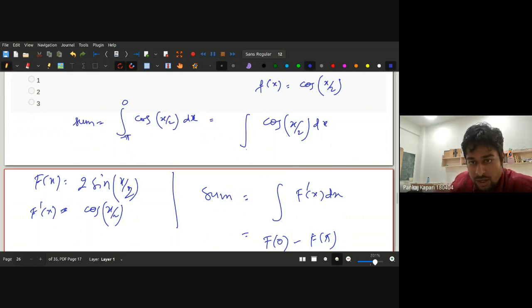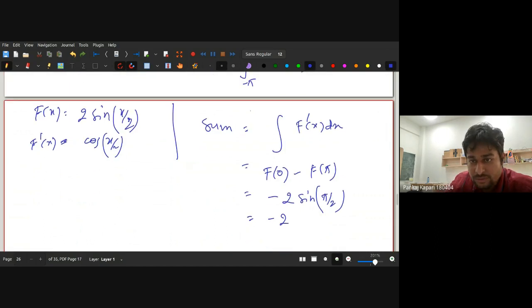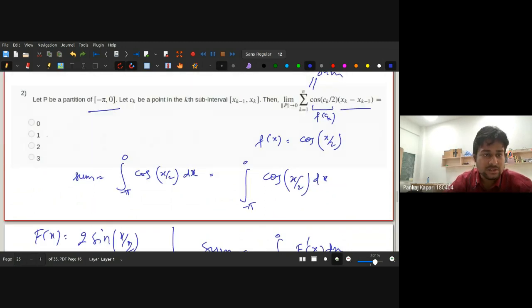So let it be like this only, minus pi to 0. So F of 0 and F of minus pi. There is a minus sign inside, and that will make it a plus sign. Therefore, the third option is correct here. The limit is 2.